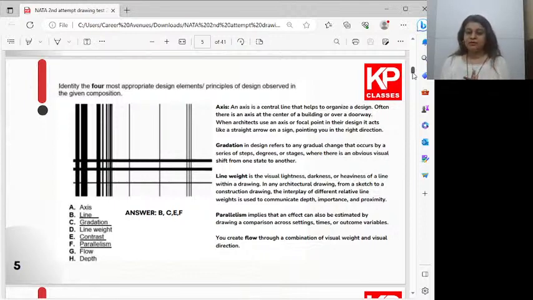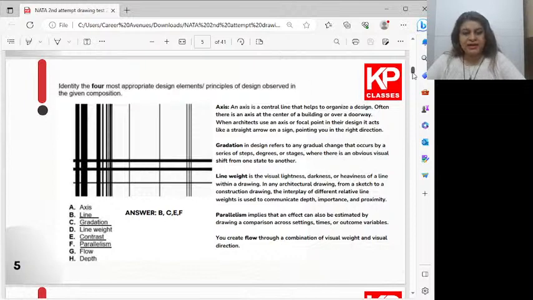So accordingly, the thickness or the darkness of the line will define the kind of architectural feature that is present in that particular image. In any architectural drawing, from a sketch to a construction drawing, there is an interplay of different line weights, some relatively thinner or relatively darker, okay? The relative line weight is used to communicate depth, importance, and proximity.